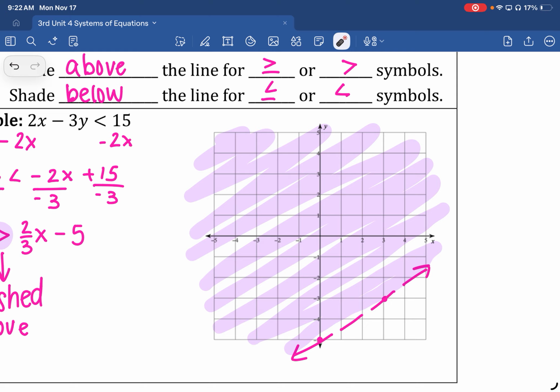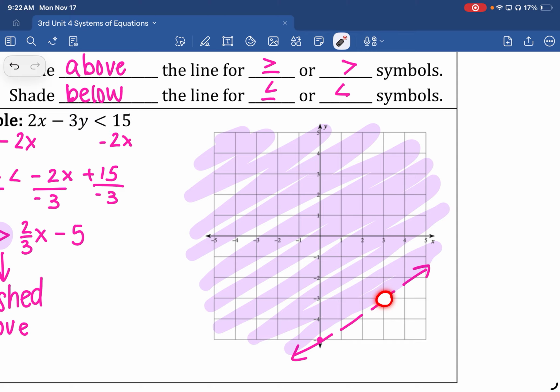What about -1, -7? No. Okay. 3, -4? 0, 0. Okay. Now, what if I ask you about -2, -2? Is that a solution? What about this point here?